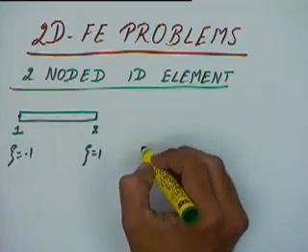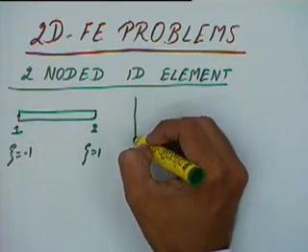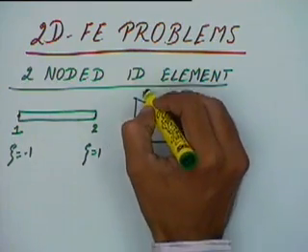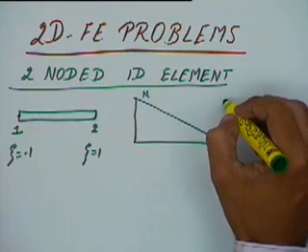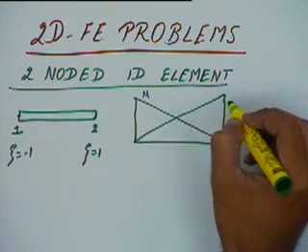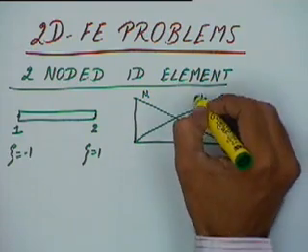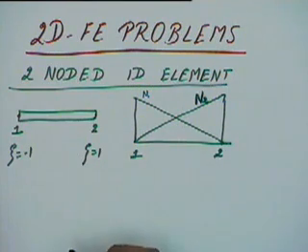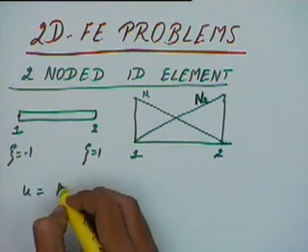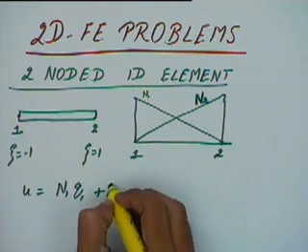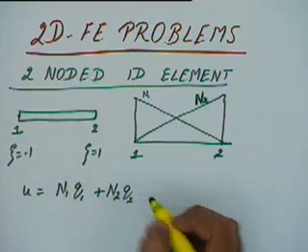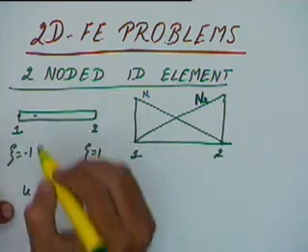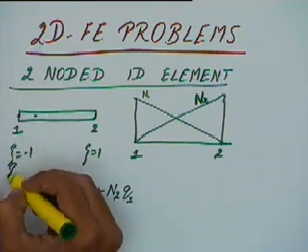and the shape functions, we have taken linear shape functions which had a shape something like this. This is n1 and n2 is something like this. This is node 1 and this is node 2, and we said that u is equal to n1 q1 plus n2 q2, okay, where u is a deformation at any arbitrary point and q1 and q2 are the deformations at the two ends.